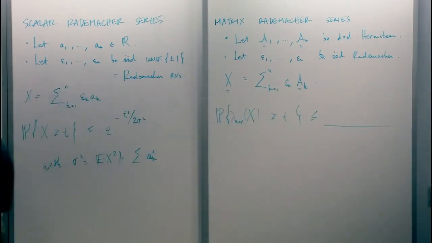So let me remind you about how you prove that sub-Gaussian bound for a Rademacher series in the scalar case. I'm going to go through this quickly because I expect most of you have seen this at some point in your lives or have taught this at some point in your lives.